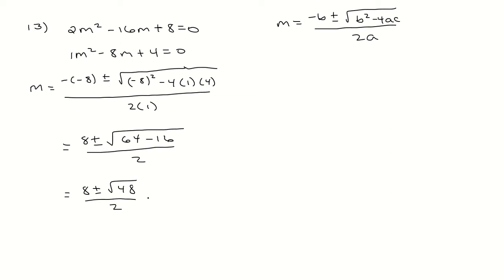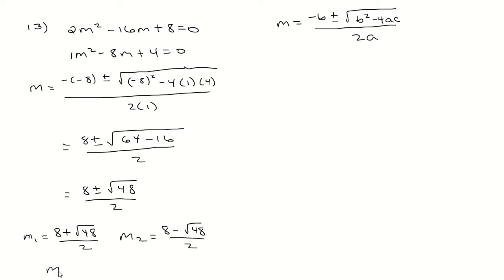I could simplify this root 48, but what they want to know is the sum of all values of m. Well, m is equal to 2 distinct values here. So let's say m1 is equal to 8 plus root 48, all over 2. And m2 is going to be, when I use the minus sign, 8 minus root 48, all over 2.